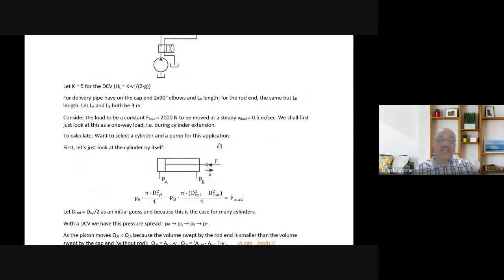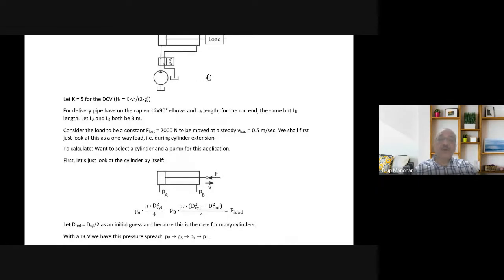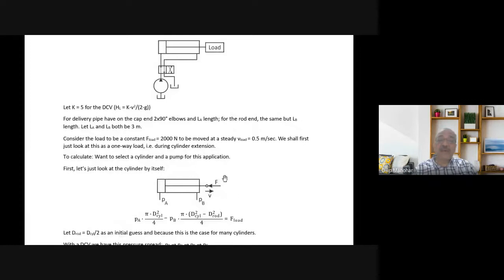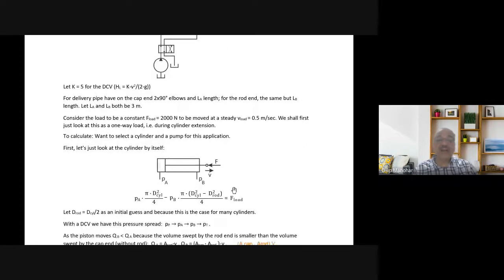We have shown a cylinder here with PA as the connection to the cap end port, and PB as the connection to the rod end. The load is represented by a force F acting in the opposite direction, and the velocity V is the velocity at which the cylinder will move. So we write the statics balance equation on the free body diagram of the cylinder.